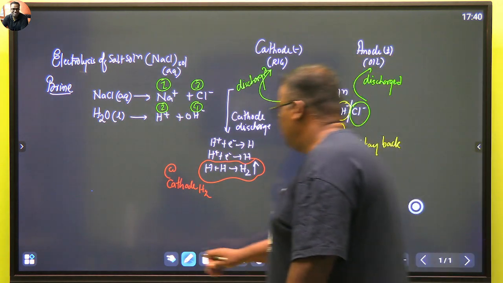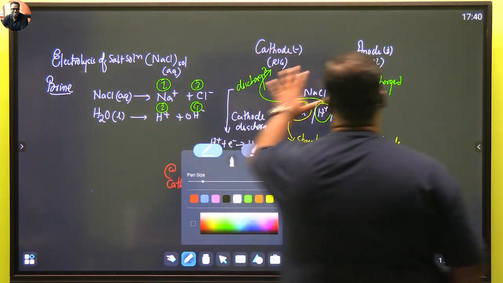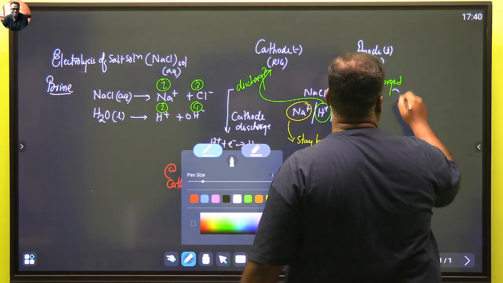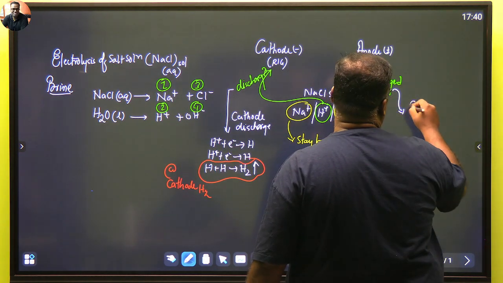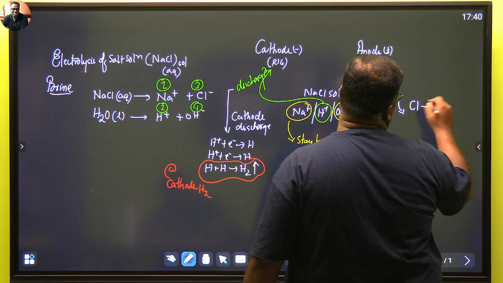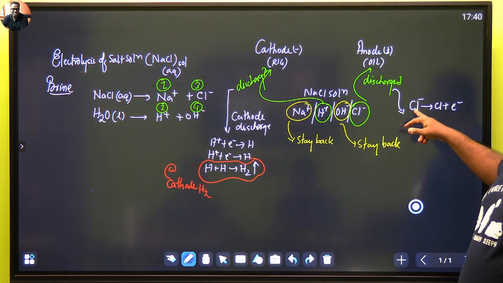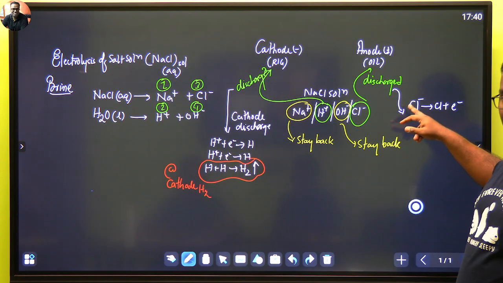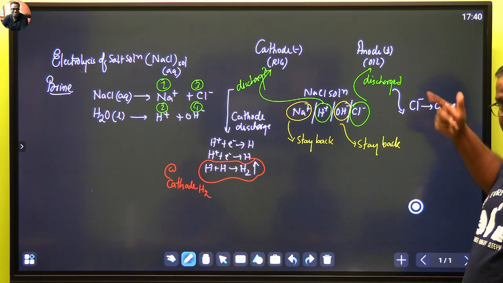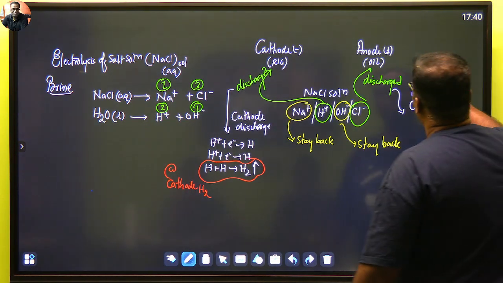So let's see the discharge that is happening at anode. At anode, we will have a Cl minus, and this Cl minus will lose its electron to become Cl. Just dekho. Chloride ion. Cl means chloride. This is my chloride ion.